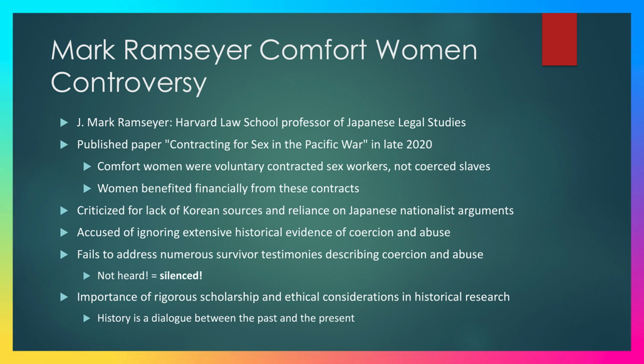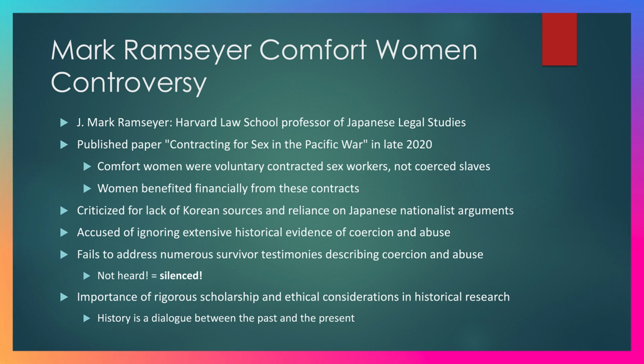So it was not many years ago. As you can see in the title, he's arguing that it's based on contract. So these women were not forced. They voluntarily participated with this contract. They were hired and they wanted to do it, and they got paid and made money. That's the essence of his paper.